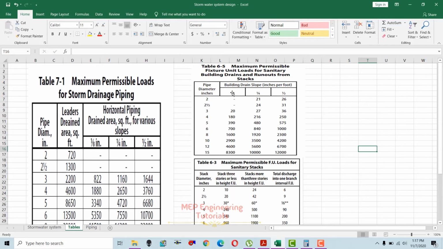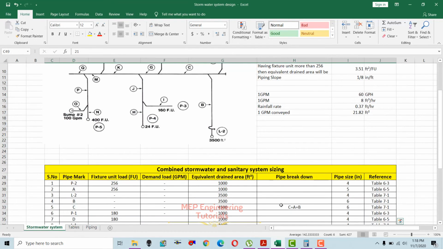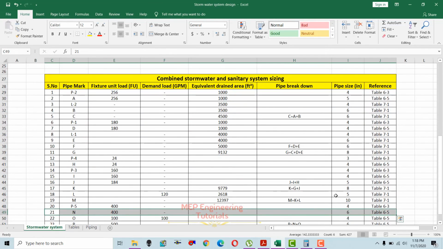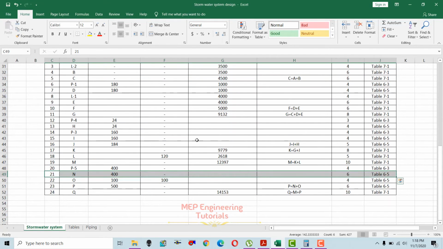The slope for the pipe is 1/8 and we have 400 fixture units. So we have 390 and 700. So we go for the higher value 700, that is more than 390 fixture units, and you will check the pipe size here is 6 inches, having 1/8 inch per foot slope. So here you can see that we have used a 6-inch pipe size.